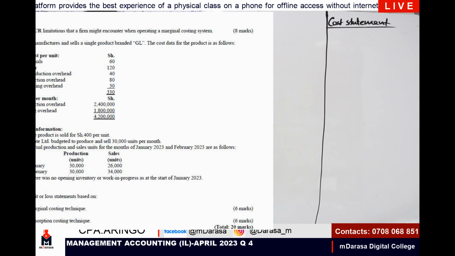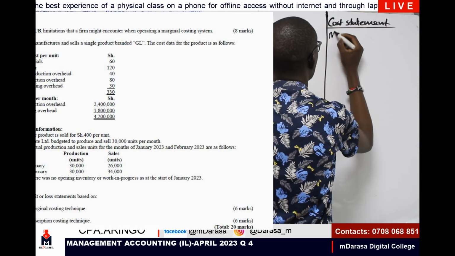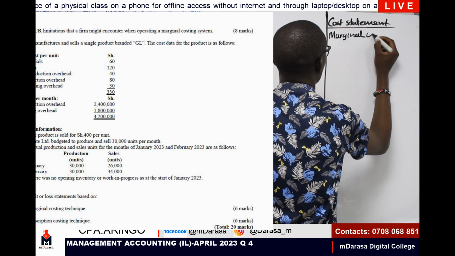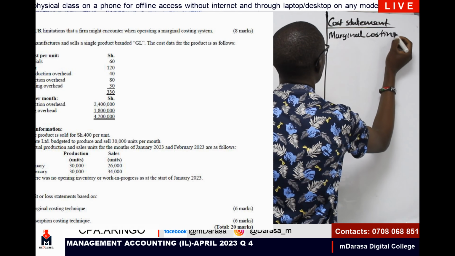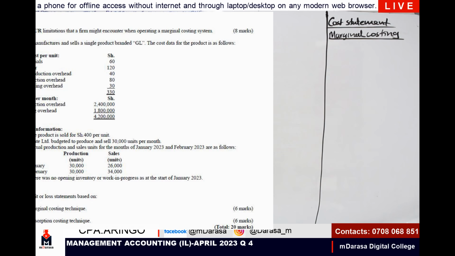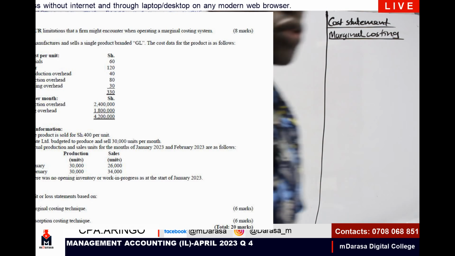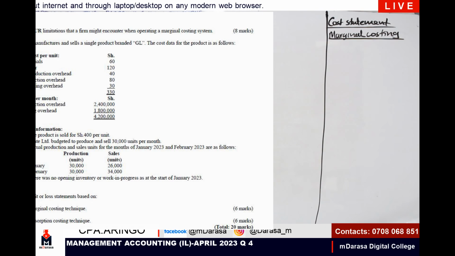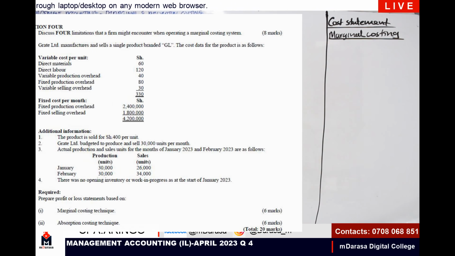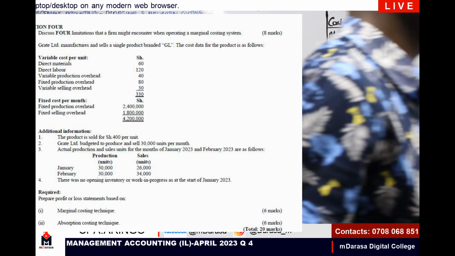In our cost statement, we start with marginal. This is the first thing you should always do, and this is what I've always been telling you: start by preparing your product cost statement. For marginal, our focus will be on variable costs only.